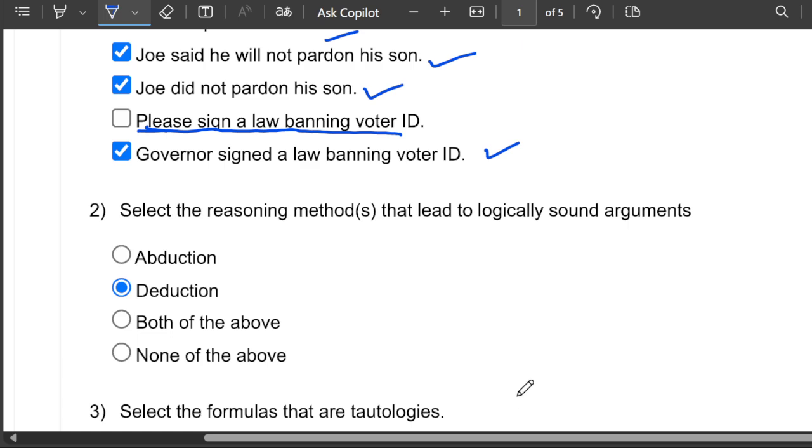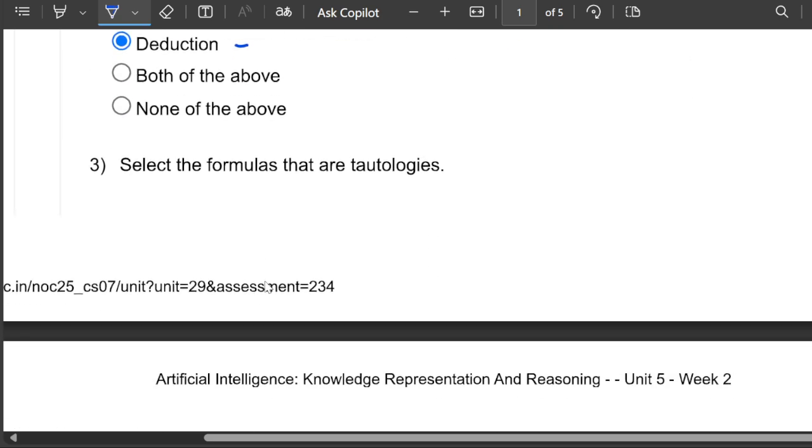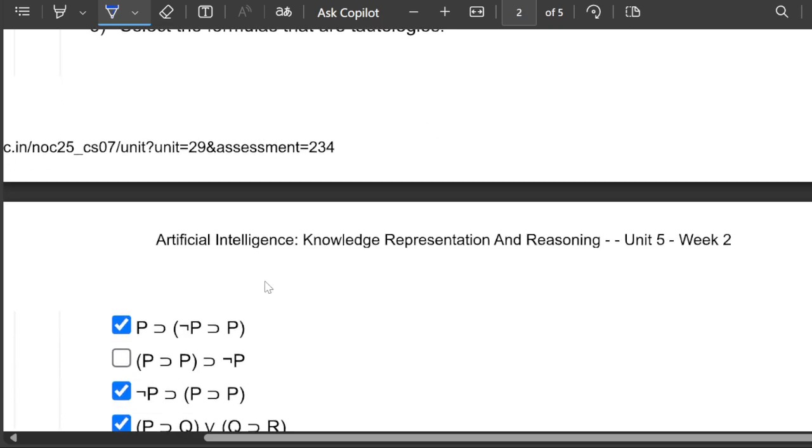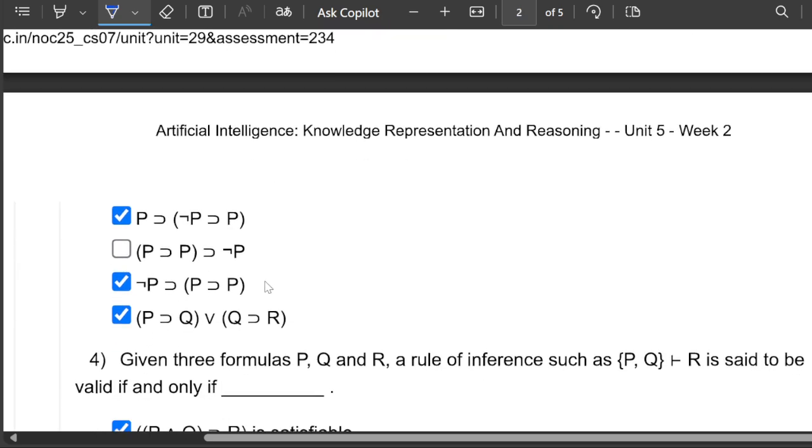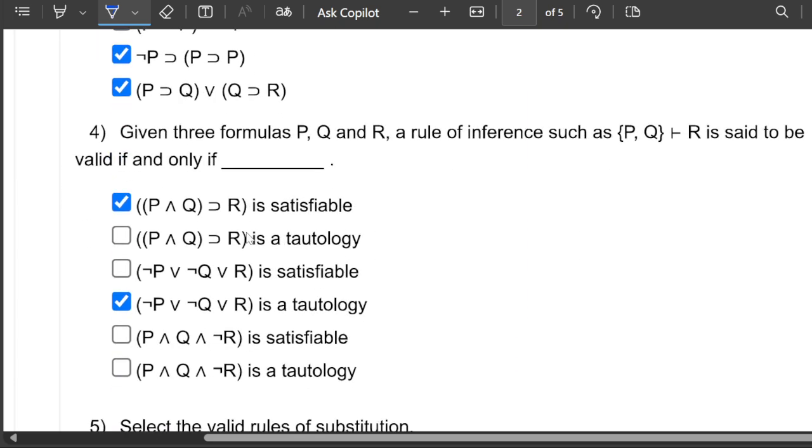In reasoning, the ones that lead to logically sound arguments are deduction, not abduction. Select the formulas that are tautology. I have made this truth table, and then these are the valid tautologies.